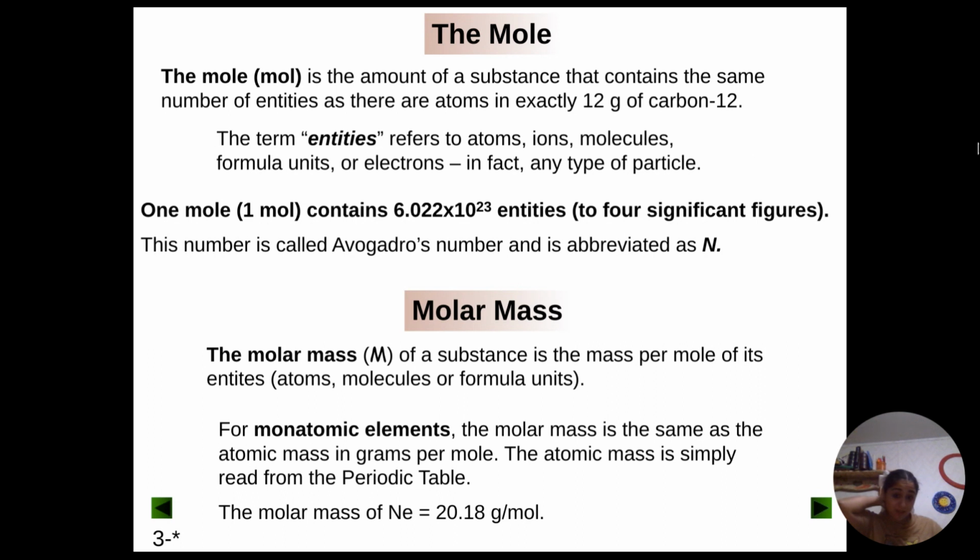For monatomic elements, the molar mass is the same as the atomic mass in grams per mole. The atomic mass is simply read from the periodic table. For example, the molar mass of neon is 20.18 grams per mole.